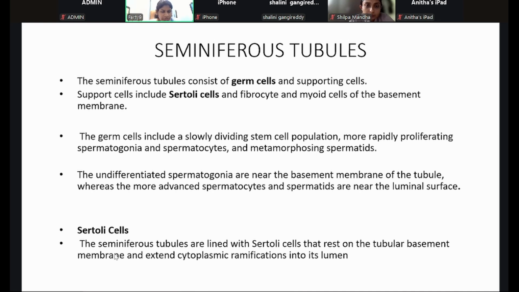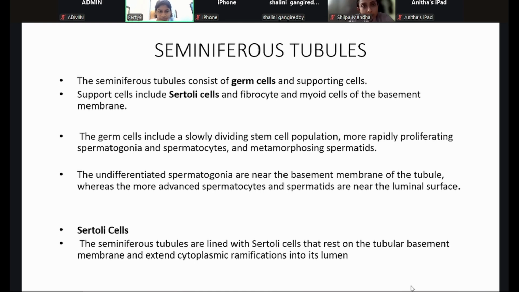So this is something about Sertoli cells. They line the seminiferous tubules. The Sertoli cells are arranged near the basement membrane, and it forms the support for those seminiferous tubules.